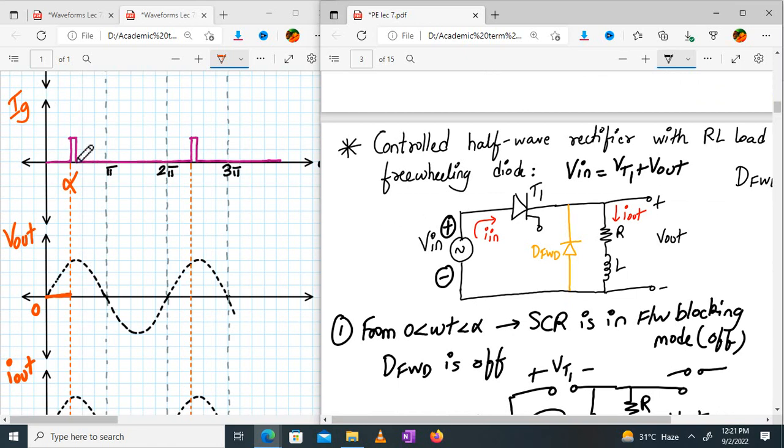At alpha, my SCR1 is triggered on. SCR1 is gate triggered. So it was in forward blocking mode, it will turn on. But will my freewheeling diode be on? No, because we are still in the positive half cycle, and negative is applied to the anode. So that means it is off.